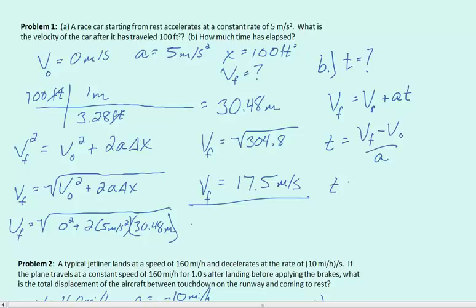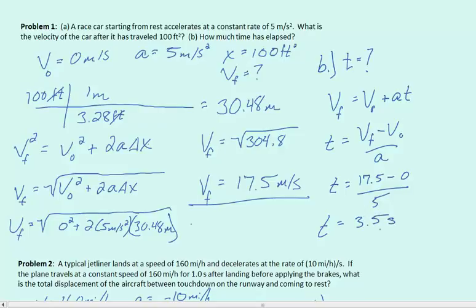Plugging in the values, our final velocity was 17.5 meters per second minus our initial velocity of 0 meters per second, divided by our acceleration of 5 meters per second squared.